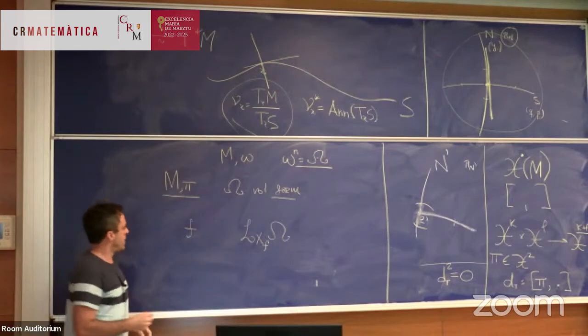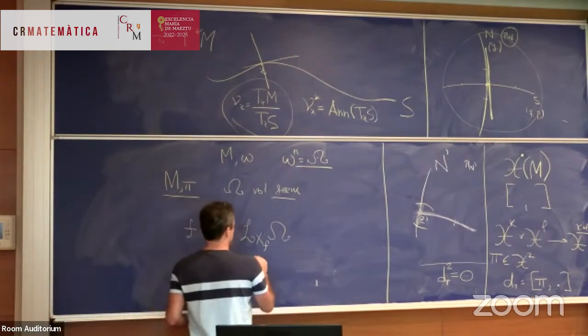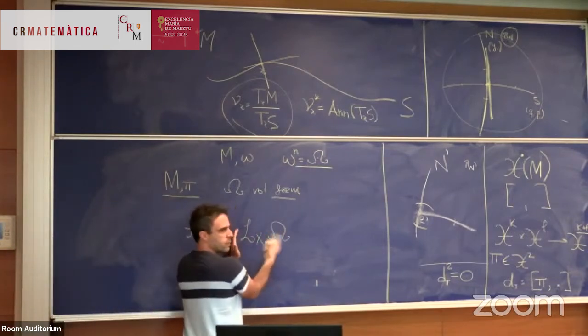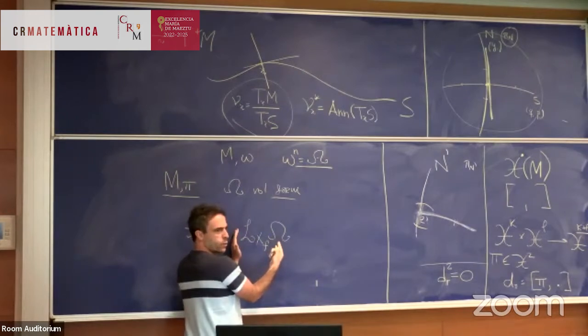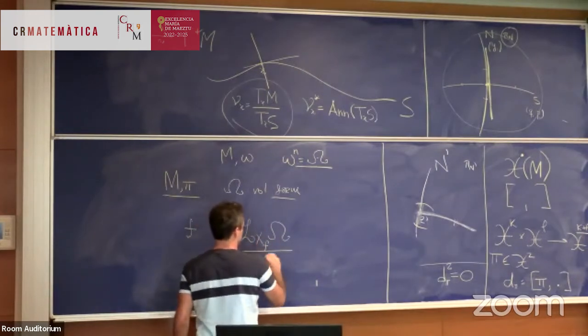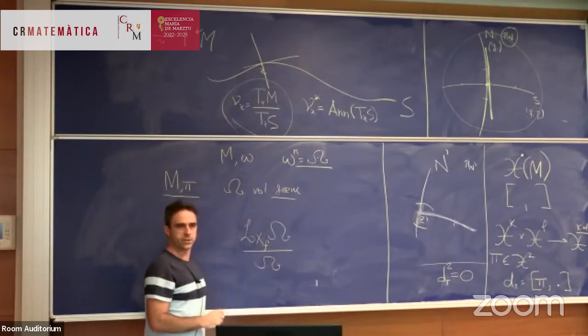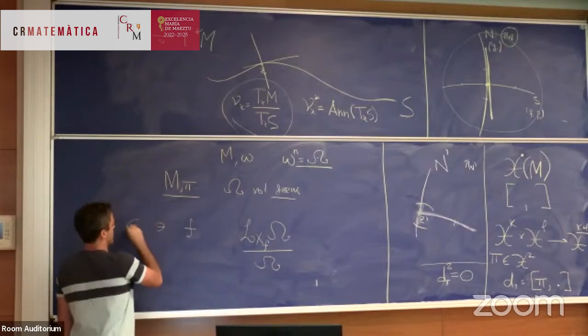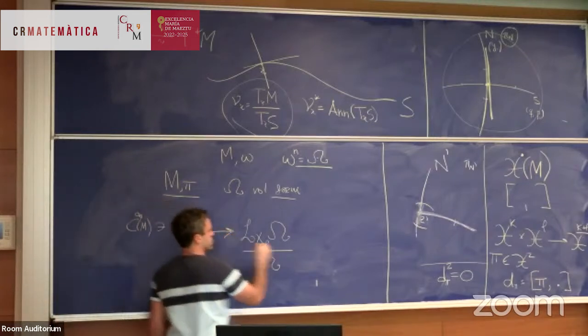But what happens is that this is again a top form, and therefore will be a multiple of this volume form. Right. So this gives you again a function. So what I'm saying is that I have an operation that takes a function to another function.